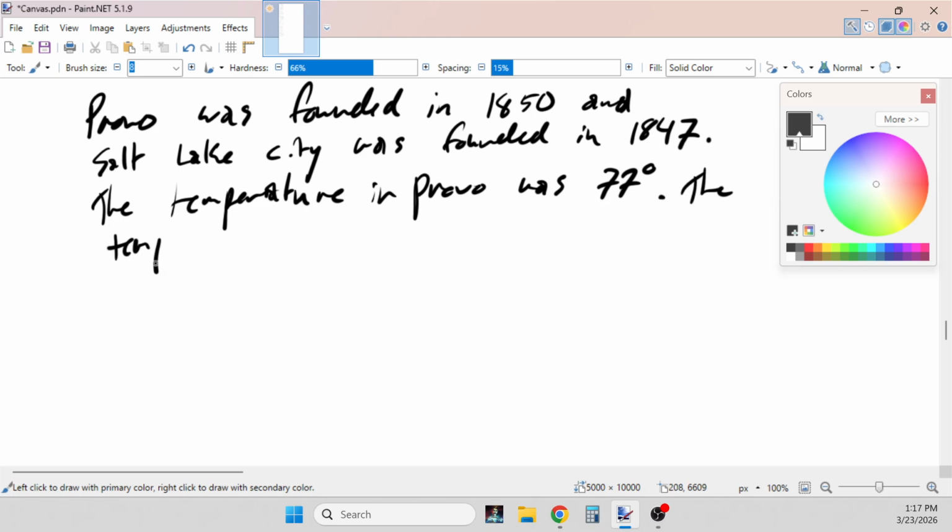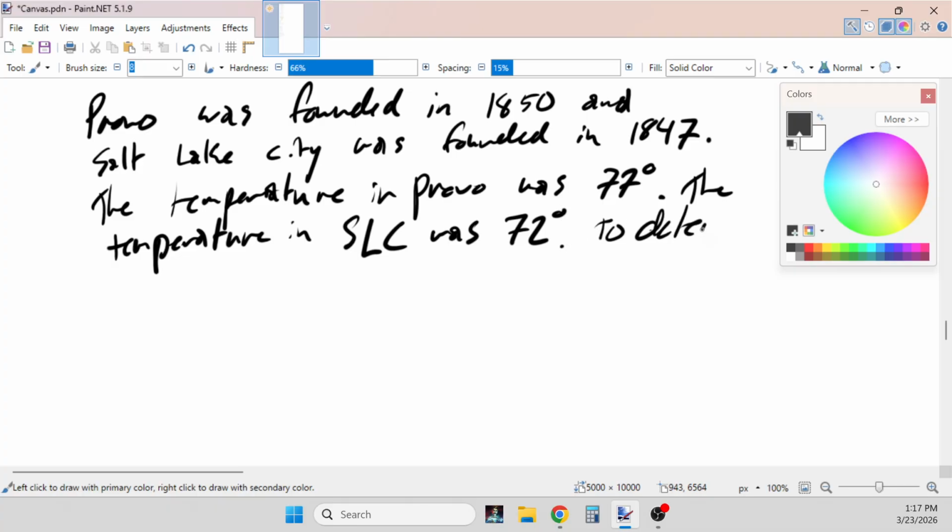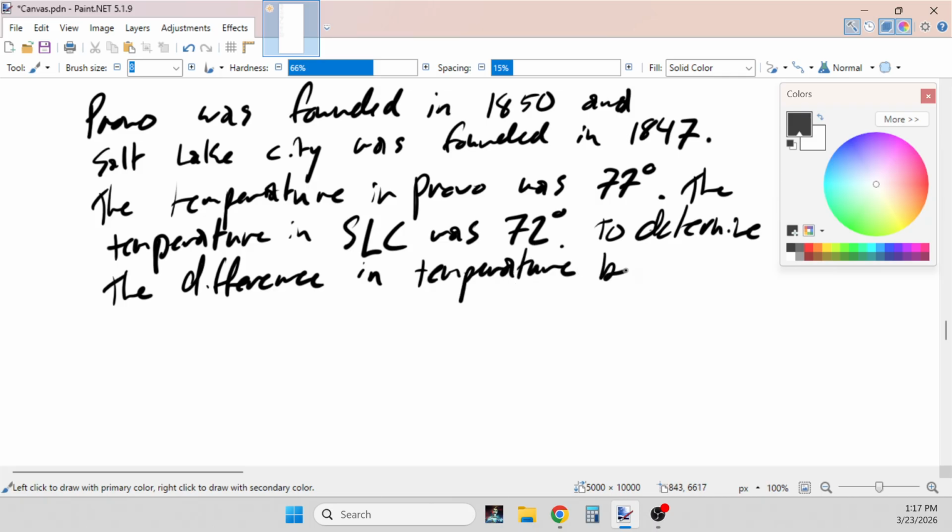Temperature in SLC was... Determine the difference in temperature between Provo and Salt Lake City.